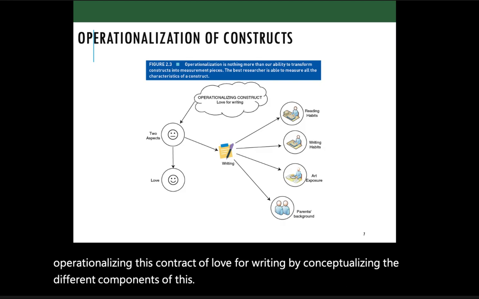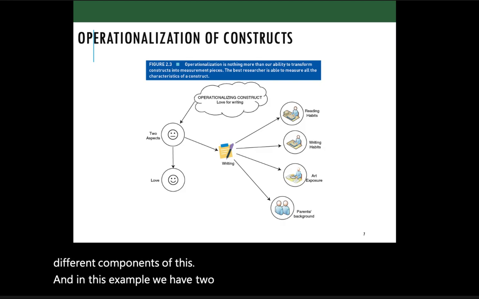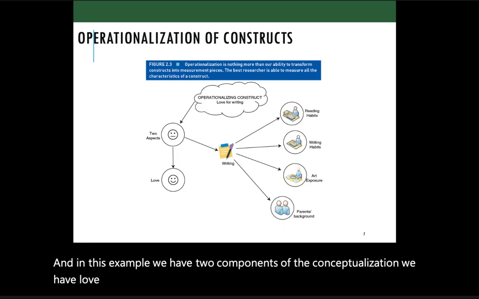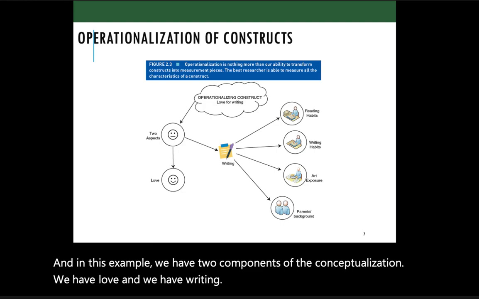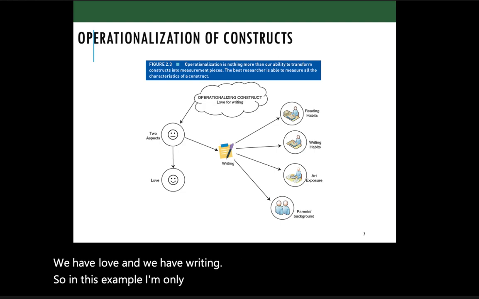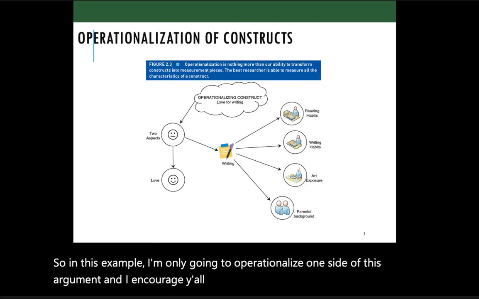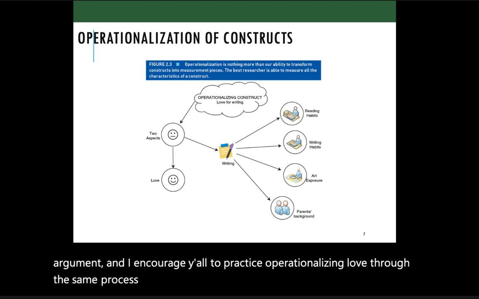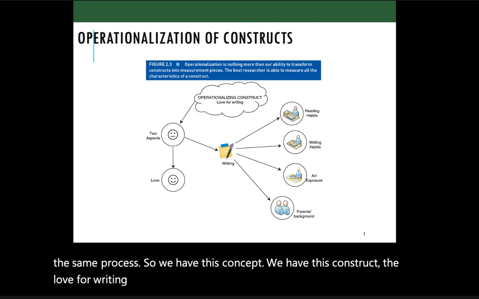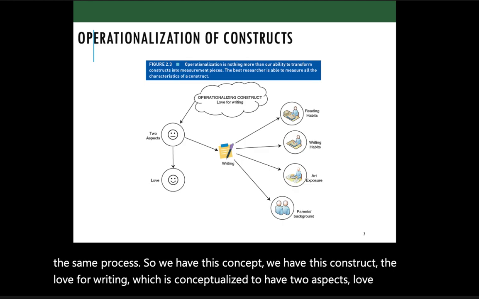And in this example, we have two components of the conceptualization. We have love, and we have writing. So in this example, I'm only going to operationalize one side of this argument, and I encourage y'all to practice operationalizing love through the same process. So we have this concept, we have this construct, the love for writing, which is conceptualized to have two aspects, love and writing.